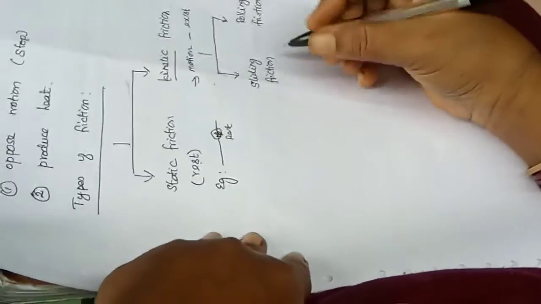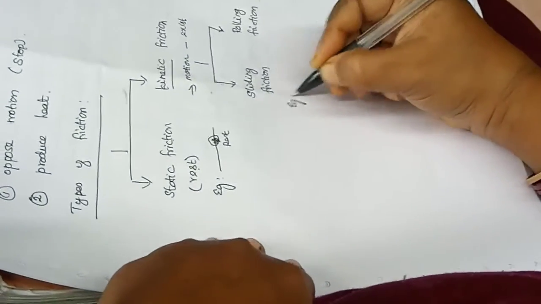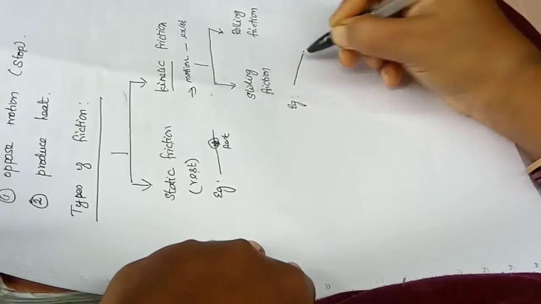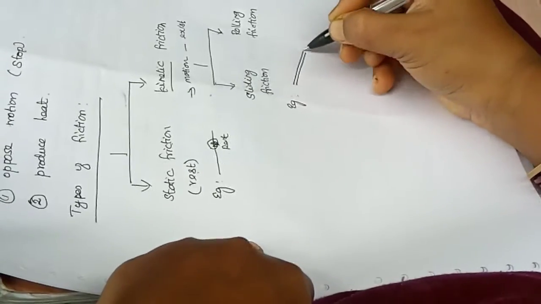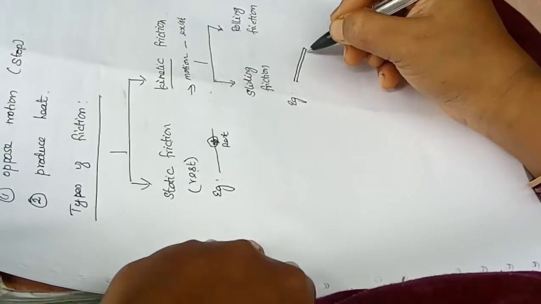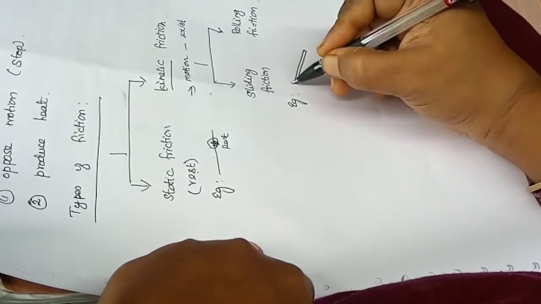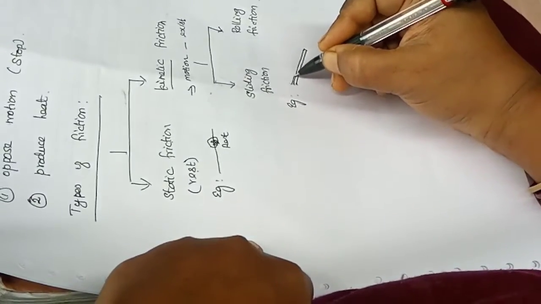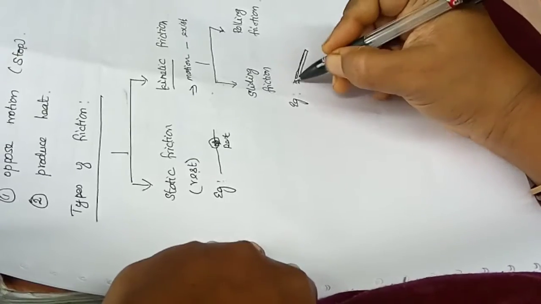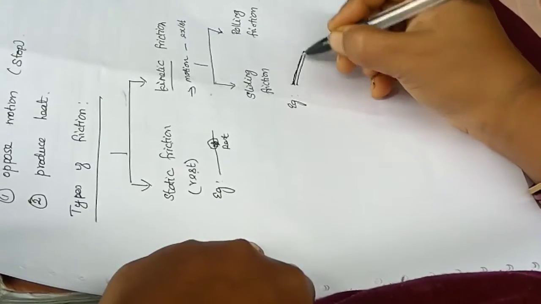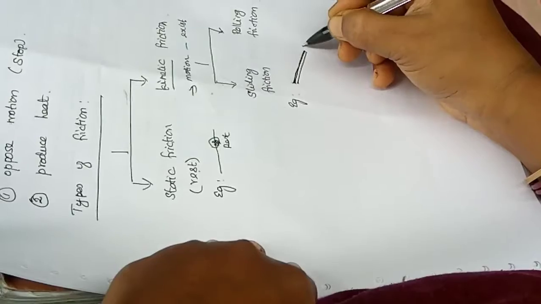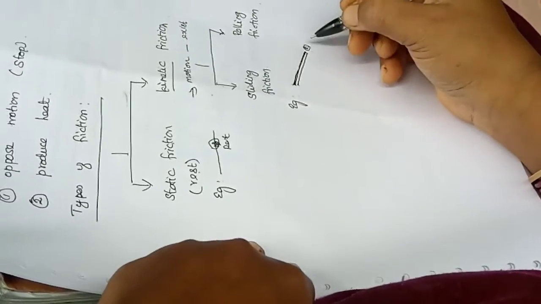So what is sliding friction? For example, take a seesaw slide where kids are playing. When any object moves on this slide, it goes down and reaches the surface at the bottom of the ground.